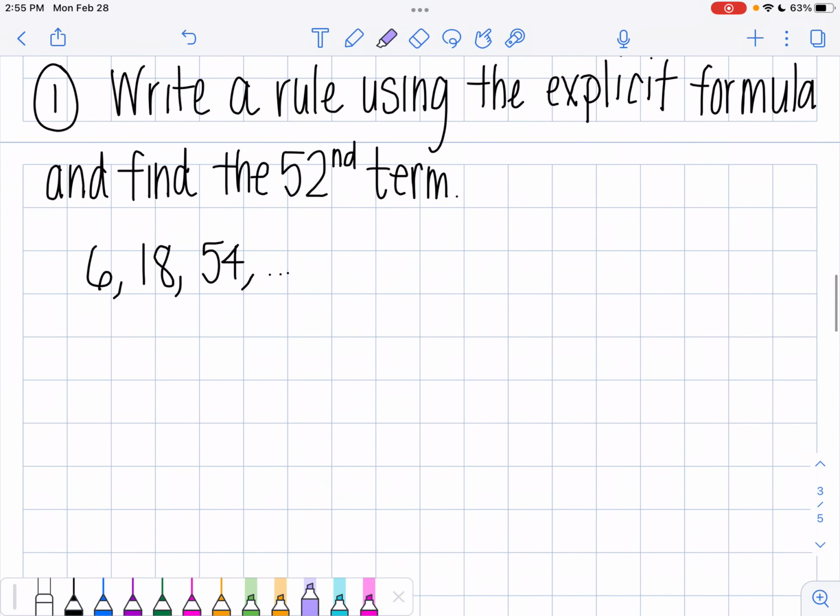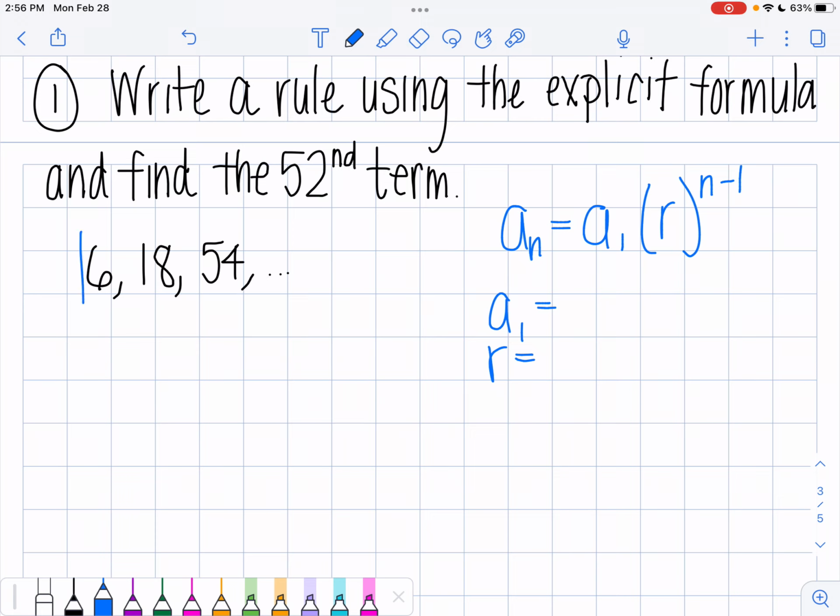First one says, write a rule using the explicit formula and find the 52nd term. Okay, so the explicit formula says a sub n is equal to a sub 1 times r to the n minus 1. So I have to figure out my first term and my common ratio.